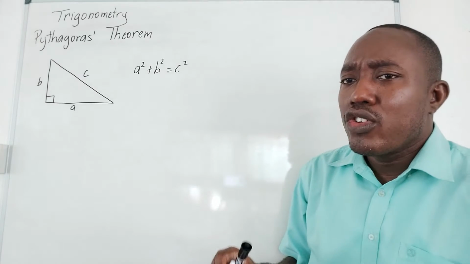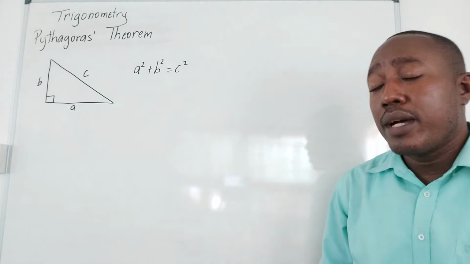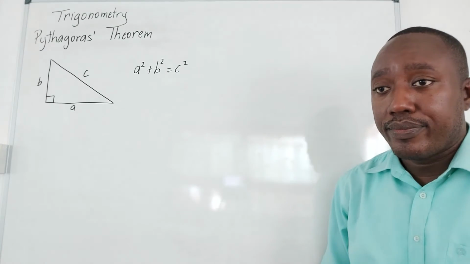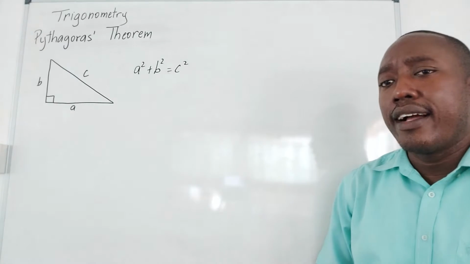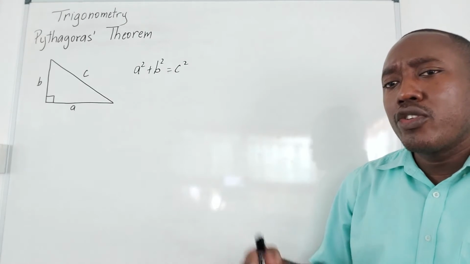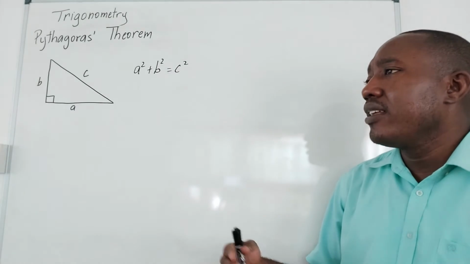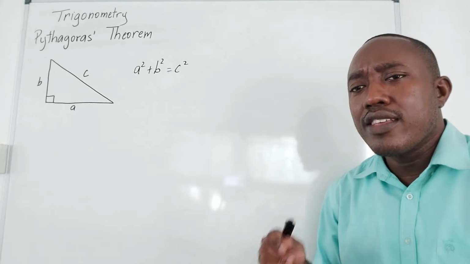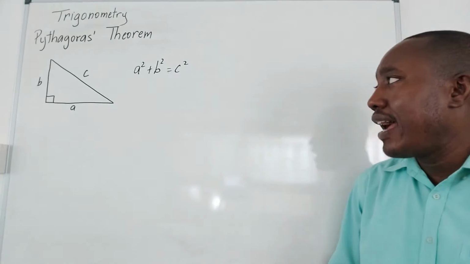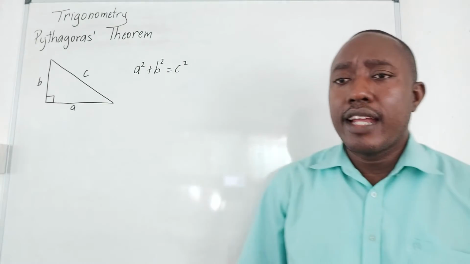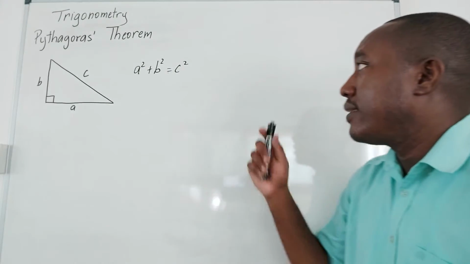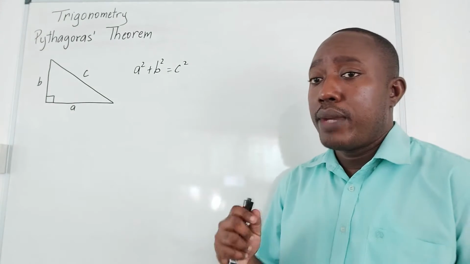So which shape in mathematics has 3 sides? Yes, the triangle. So what trigonometry is all about is finding the lengths and the angles based on the triangle. And today we will start by talking about Pythagoras' theorem.